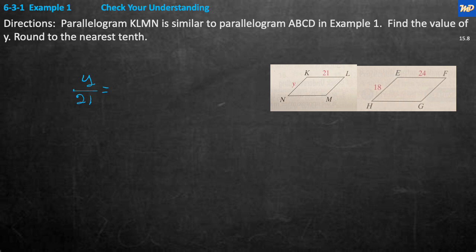And if we multiply the 21 times 18, to clear the y, to get the y by itself, we're going to multiply by 21 times y over 21, and that equals 18 over 24 times 21.